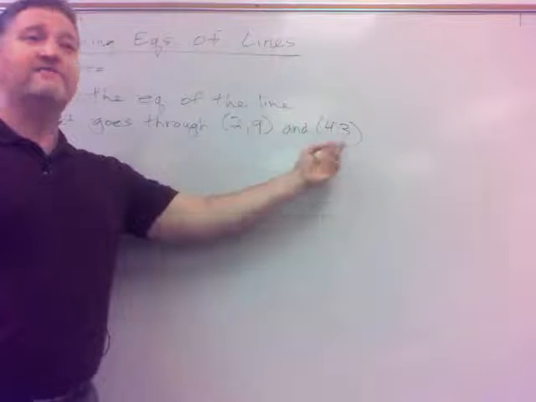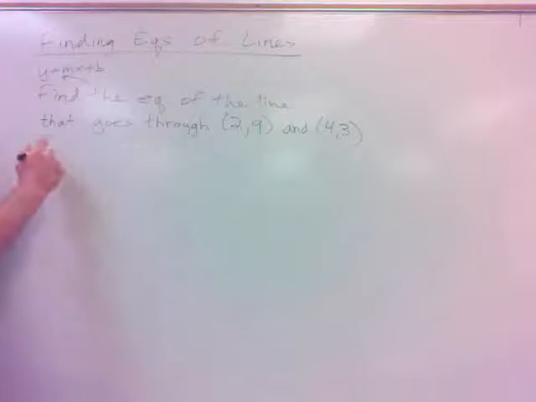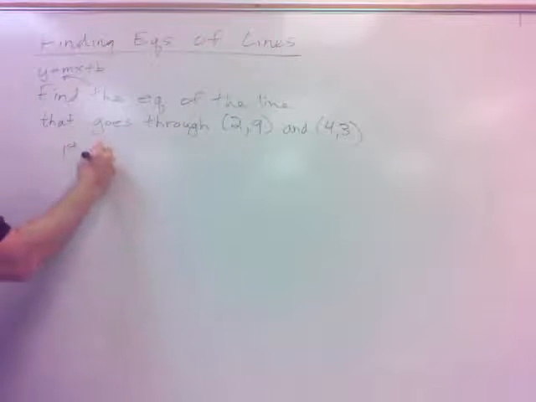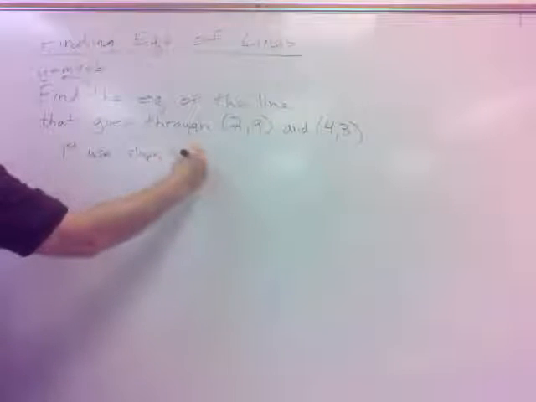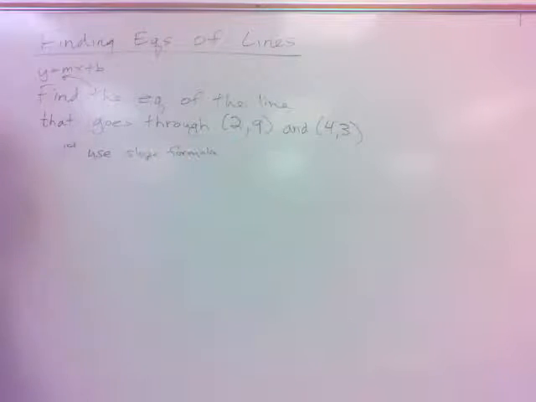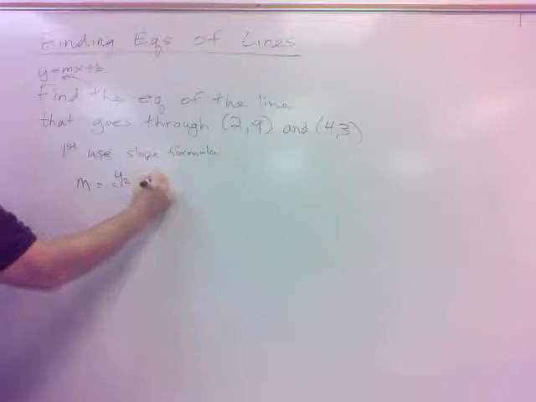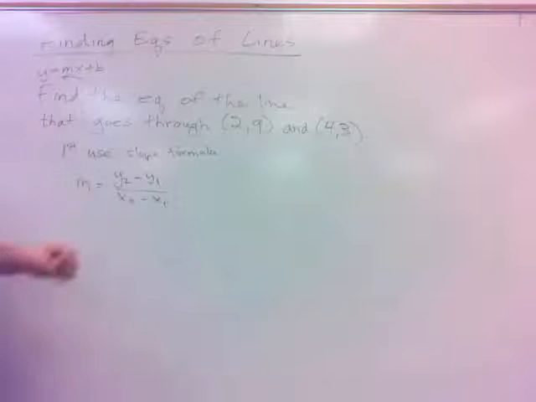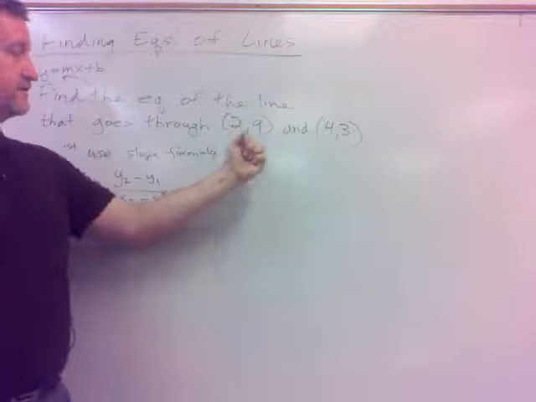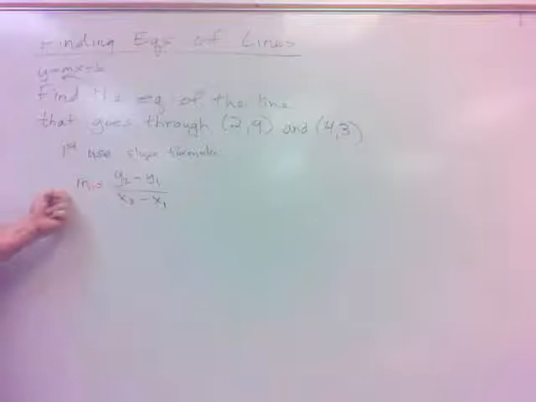Yeah, I do have 2 points, so through 2 points I'm first going to use the slope formula that we talked about a moment ago. The m equals y2 minus y1 over x2 minus x1. Since I've got 2 points, first x, first y, second x, second y, I can use this, and that'll find my m.